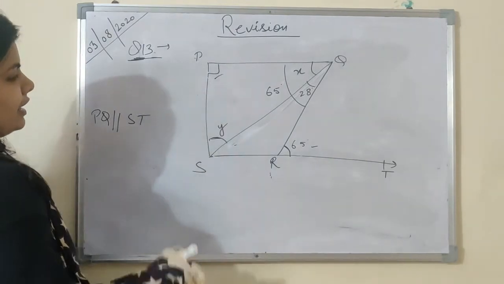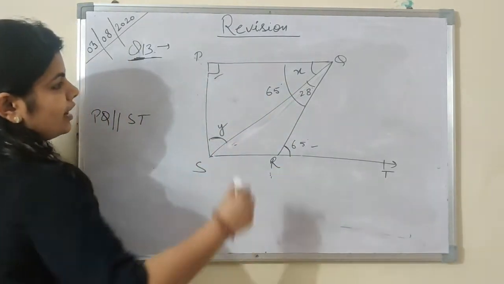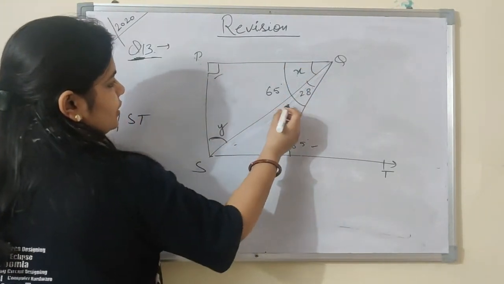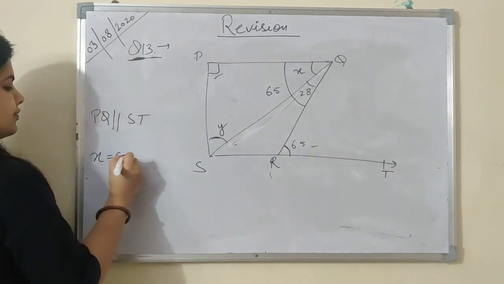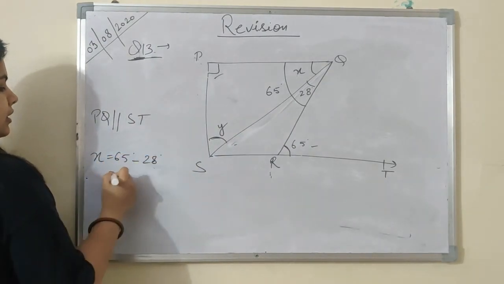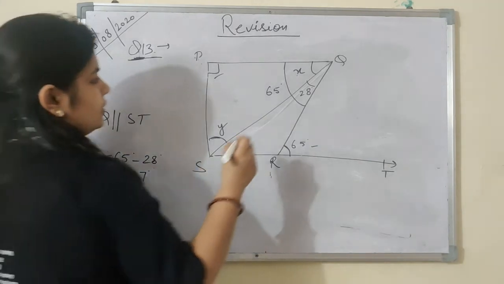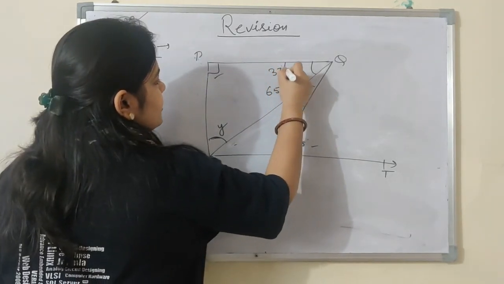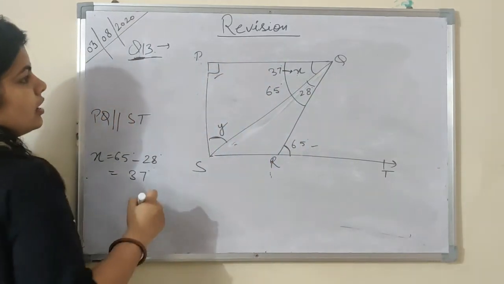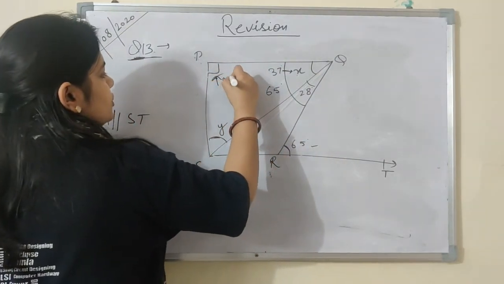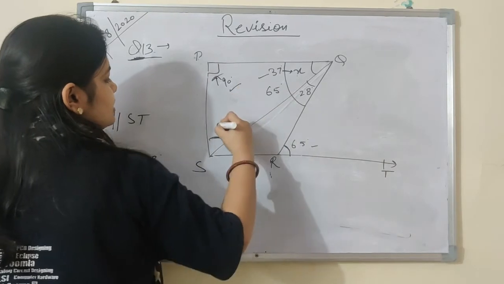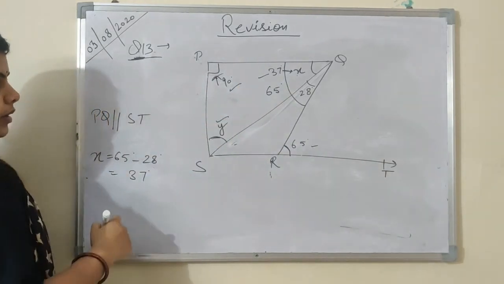After finding this angle, we can find the value of X. The value of X will be 65 minus 28, that will be 37 degree. So this is coming as 37. This is coming as 37. And this is 90 given to us. So we can apply this plus this as 180 degree.